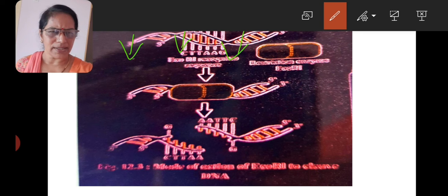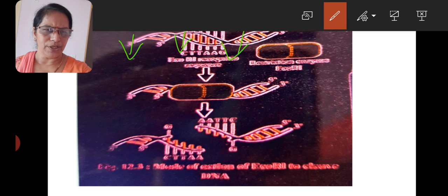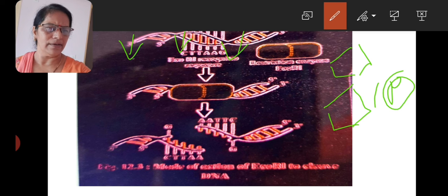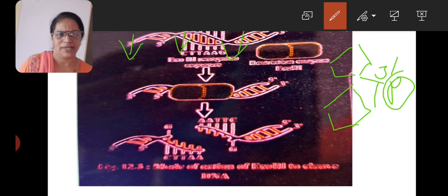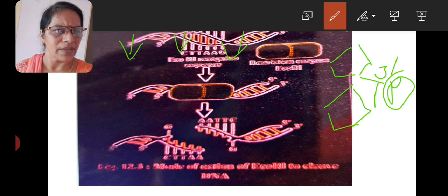Then it breaks the backbone of the DNA molecule, that is the phosphodiester bond. You know that the phosphodiester bond is present between two nucleotides. Here the phosphate group is attached to the third carbon atom of the second nucleotide. So firstly it breaks here.